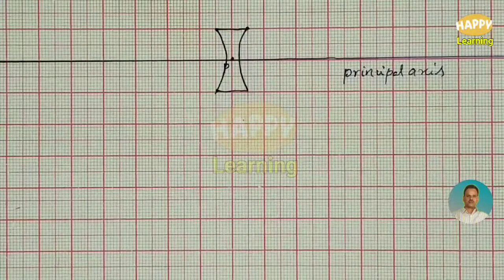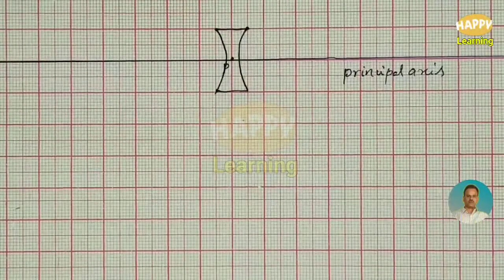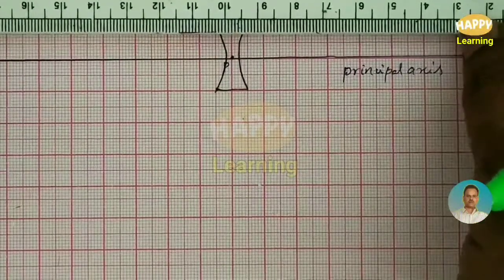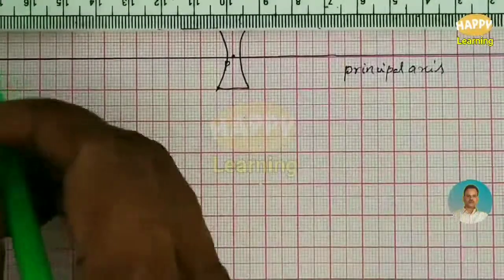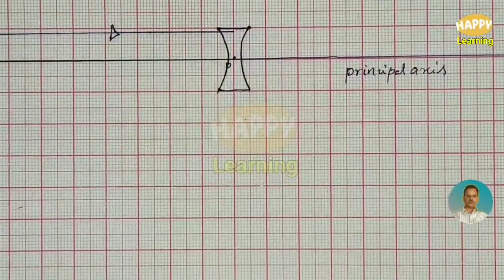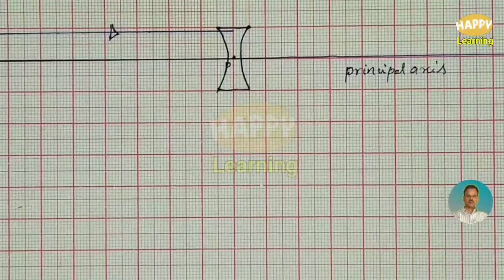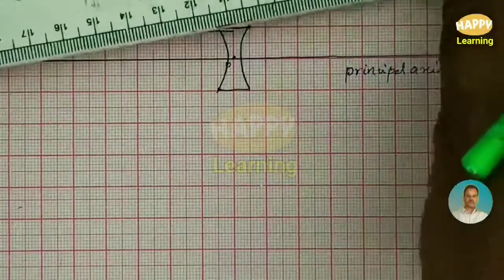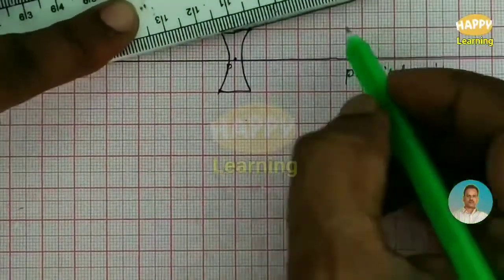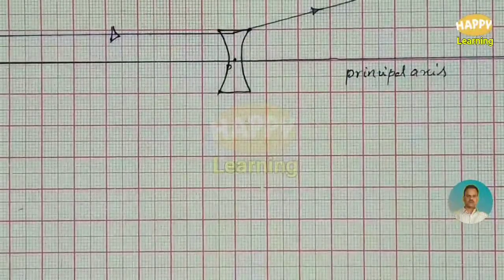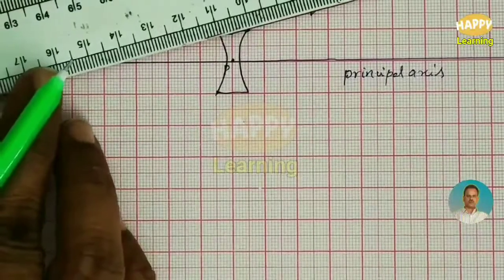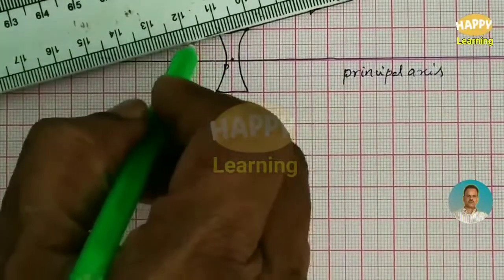We have three rules. Number one, any ray passing parallel to the principal axis will refract such that it has been originated from this focus.